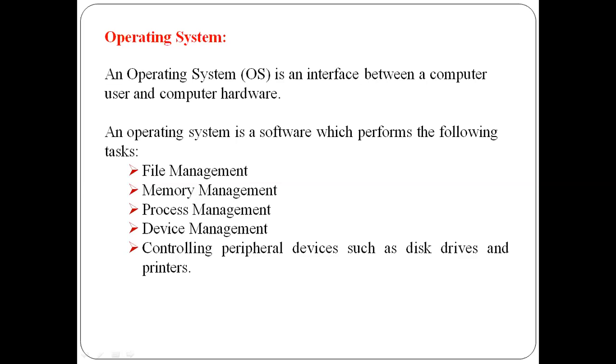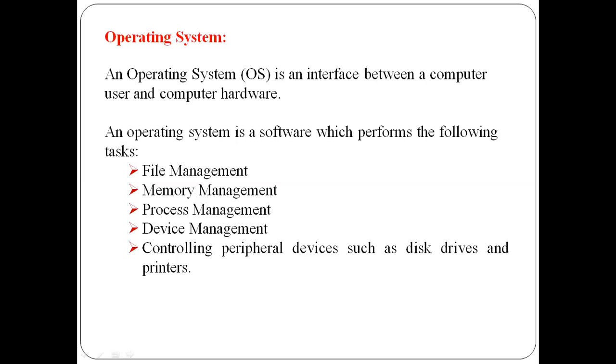In the same manner, just like an interface, we also have an interface that is known as OS or operating system. So it will be acting as an interface between a computer user and computer hardware. As I have told you, when you don't know his language, you need some mediator who can tell your views to him and his views to you.